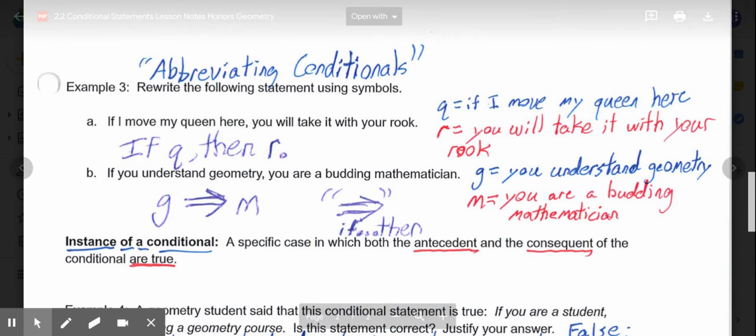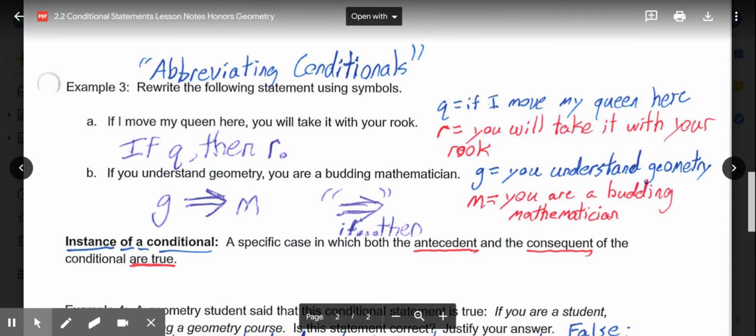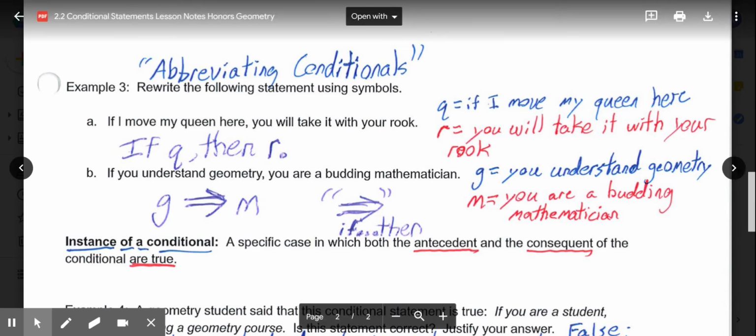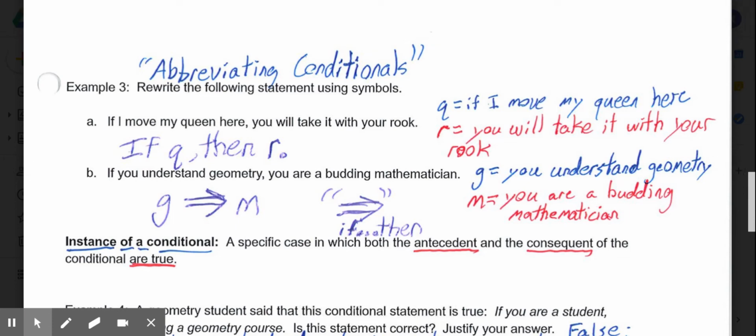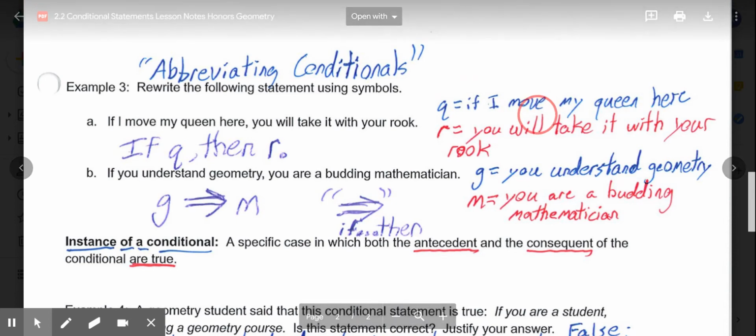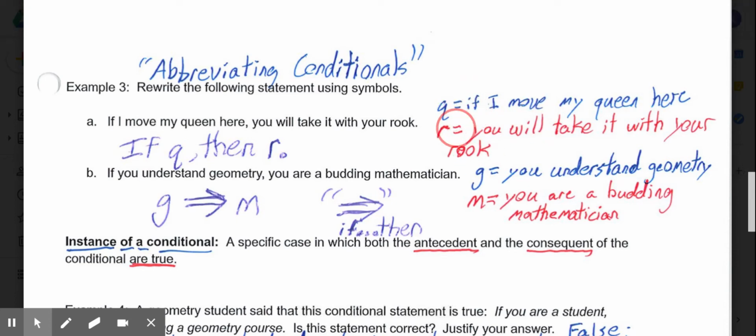If I wanted to rewrite this, I could write if Q, then R. And that's a traditional way to represent a conditional. If Q, comma, then R. So we're abbreviating it with the term if, and Q represents if I move my queen here, and R is you will take it with your rook. So over here I gave a key to the abbreviations.